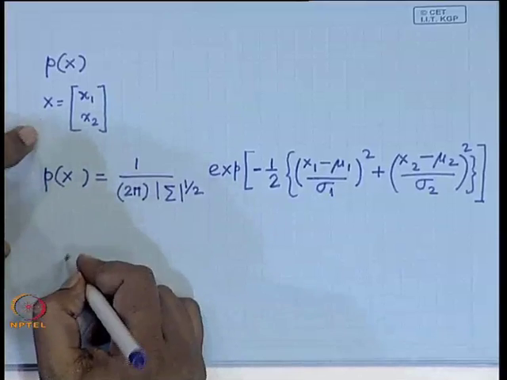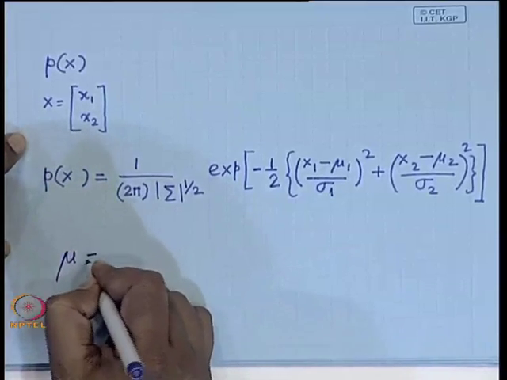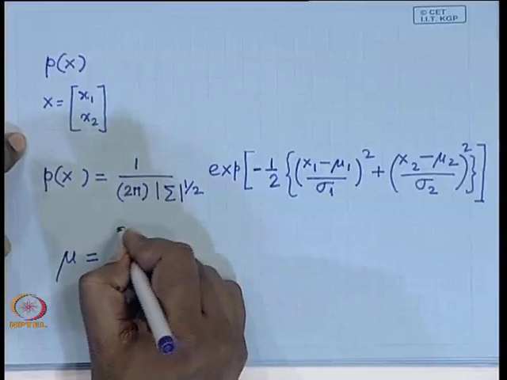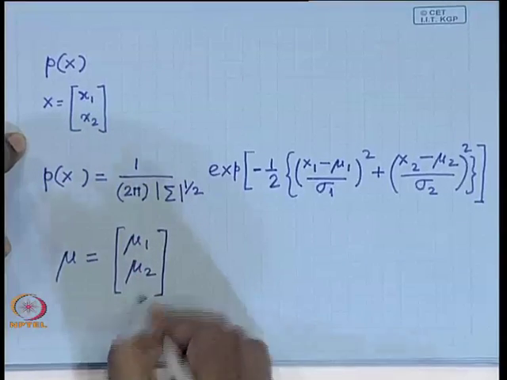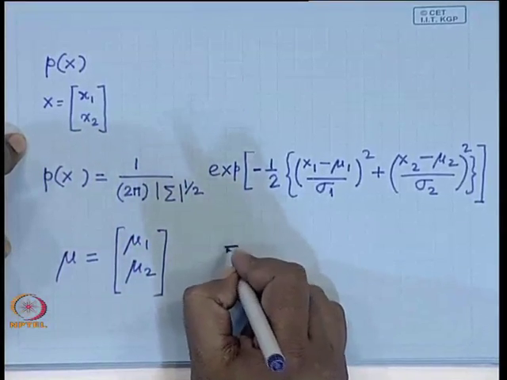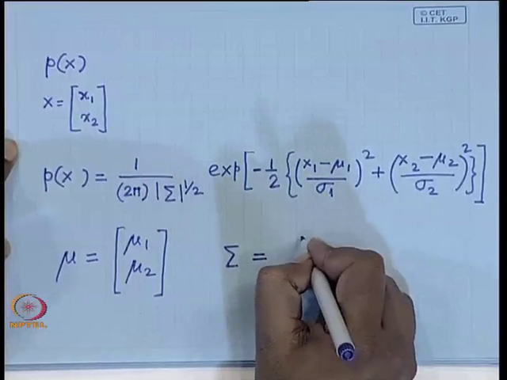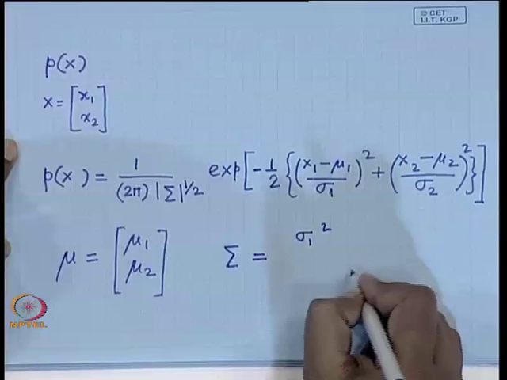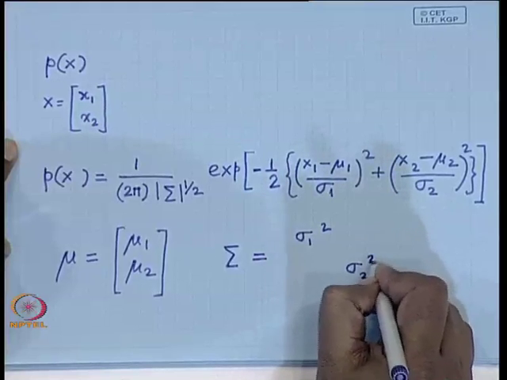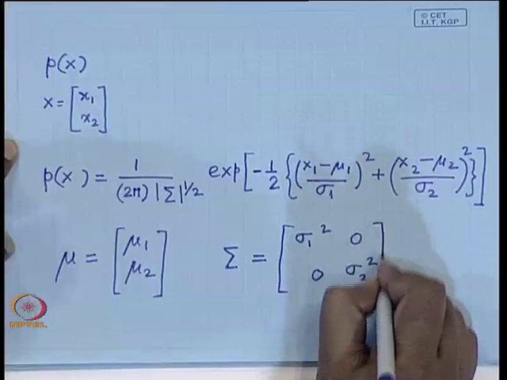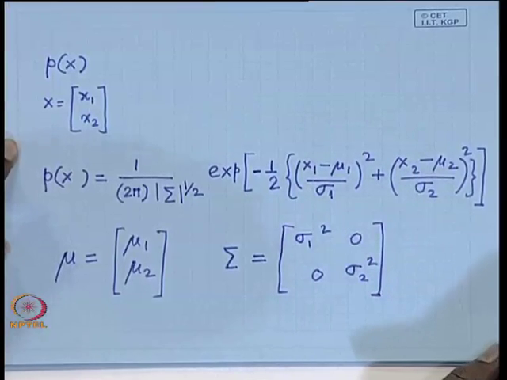That means my mean vector mu is nothing but mu 1, mu 2, and the covariance matrix sigma is nothing but sigma 1 square, sigma 2 square, 0, 0. So, this is my covariance matrix and this is the mean vector.